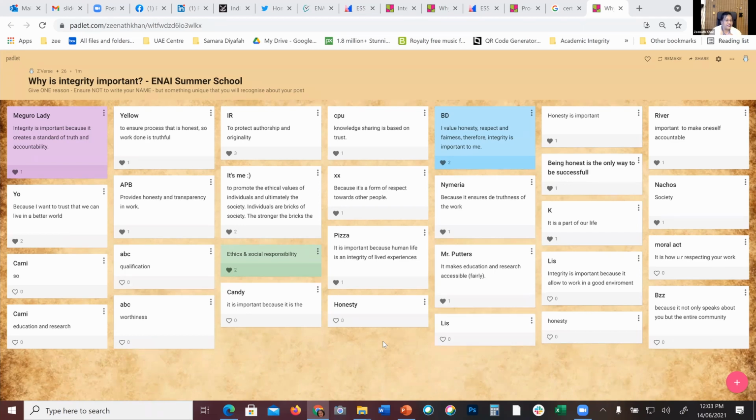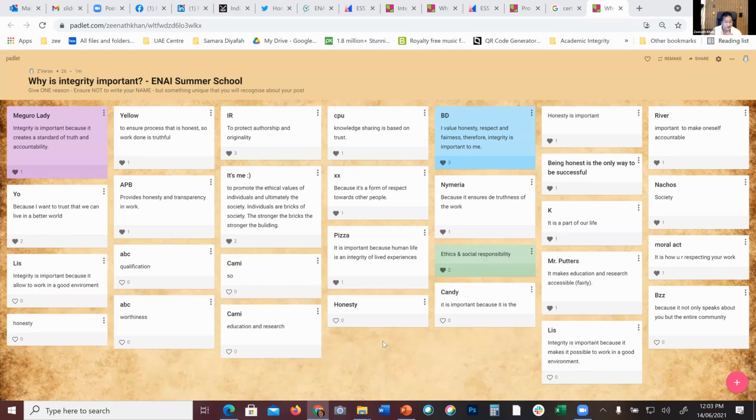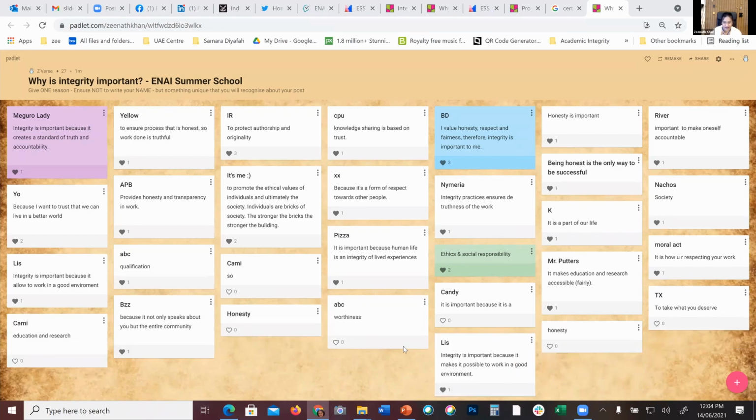Yo says because I want to trust that we can live in a better world. Okay. I'm liking the answers. Buzz says because it not only speaks about you, but the entire community. Nachos just said society, by the way. River says important to make oneself accountable. All right. I can see many hearts popping up already.